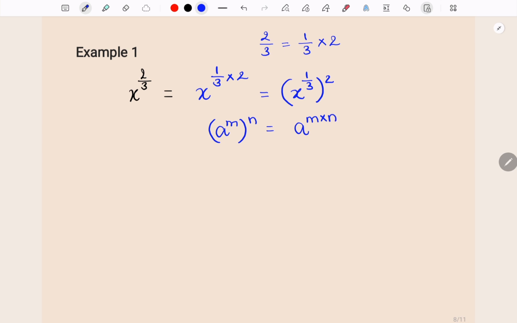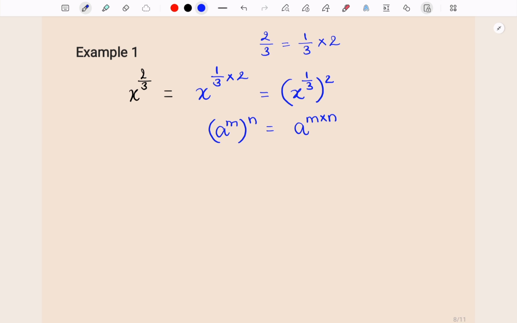So this is just the reverse of that rule. Here the powers are being multiplied by each other. So I have kept this 1 over 3 inside the bracket and I have put this 2 outside. Eventually these powers will be multiplied and we will get x raised to the power 2 over 3.